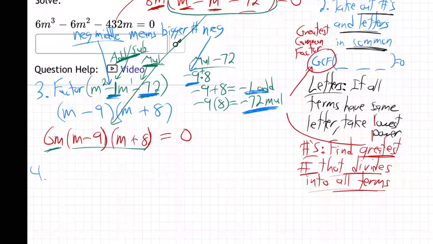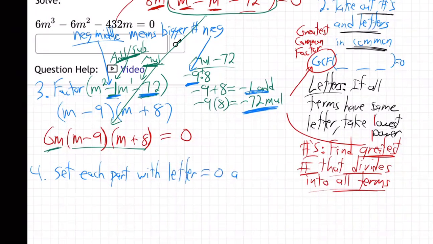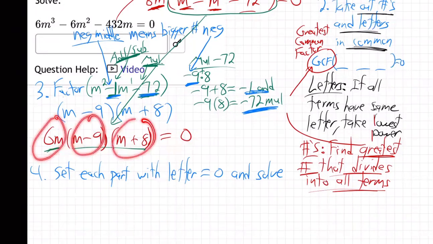Now step 4, set each part with a letter equal to 0 and solve, right? Because these are a bunch of things multiplying, aren't they? This 6m is multiplied by the m minus 9 is multiplied by the m plus 8, and they're equaling 0. If I said, hey guys, I'm multiplying 3 things and it's coming out 0, what does that mean?